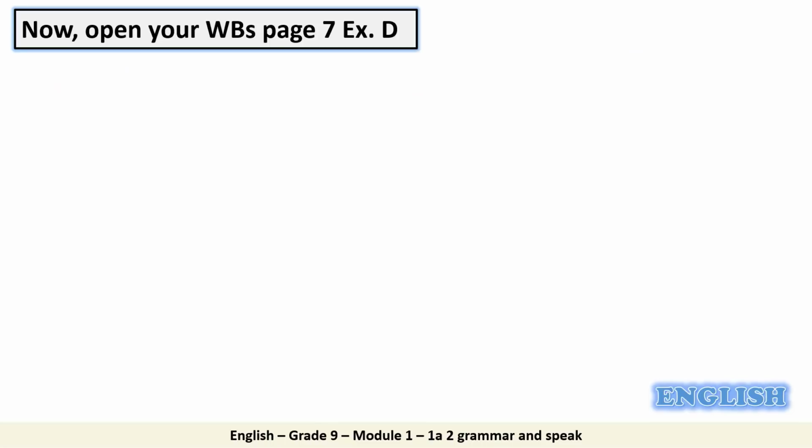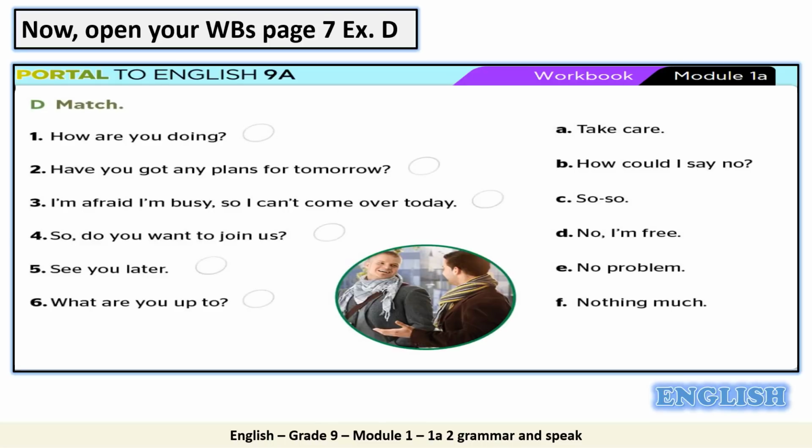Now open your workbook's page 7, exercise D. Match from 1 to 6 to their correct responses from A to F. After you finish, follow your teacher's instructions to check your answers.